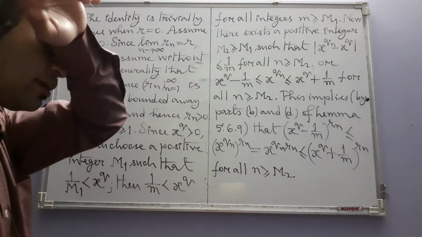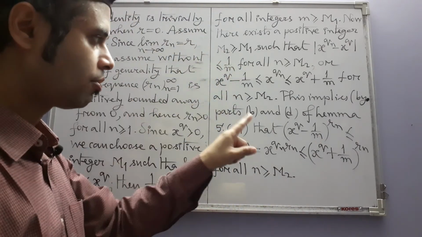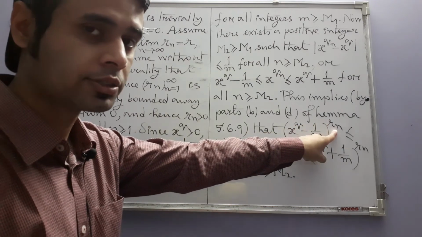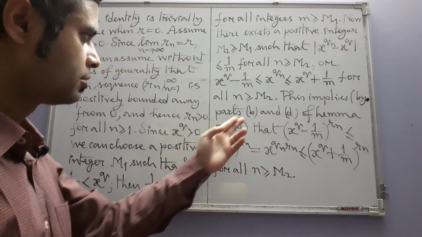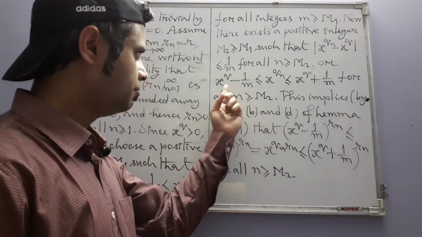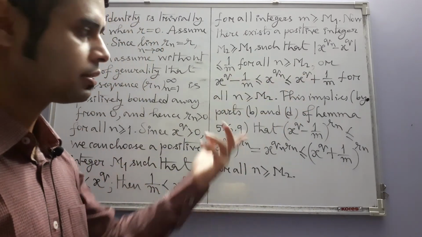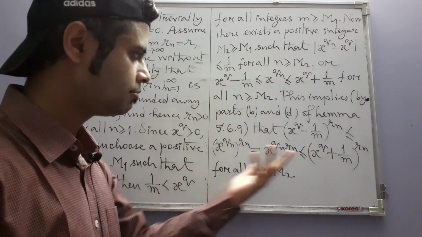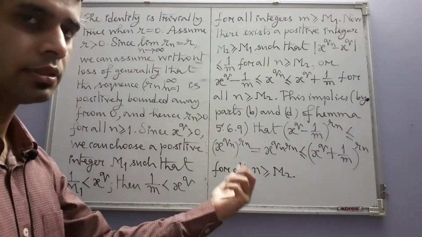So what we have done here, because all the rn's are positive rational numbers, by part D of lemma 569 we can take the rnth powers of these things, and we get similar inequalities.